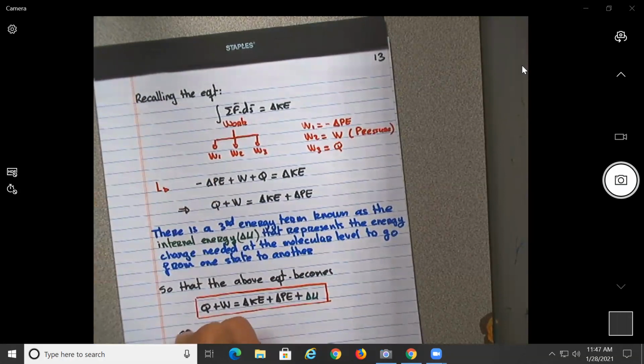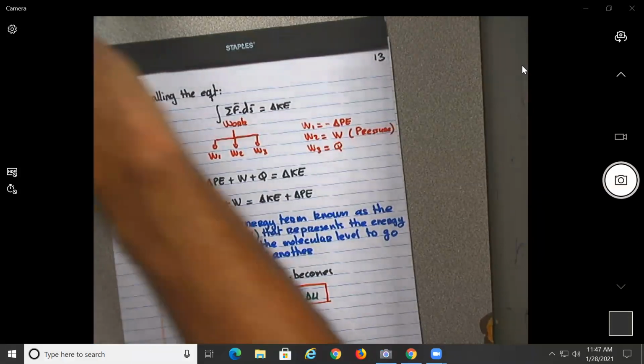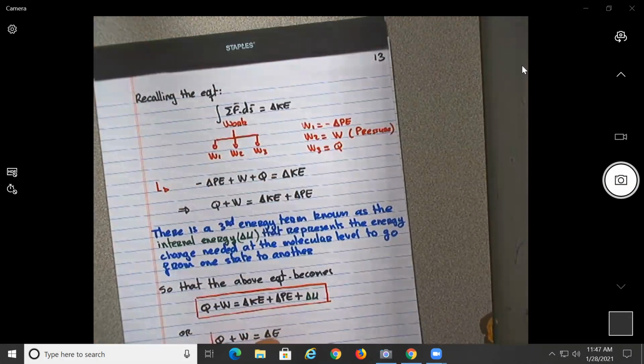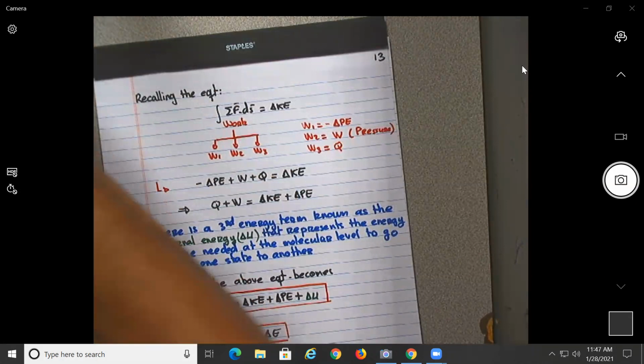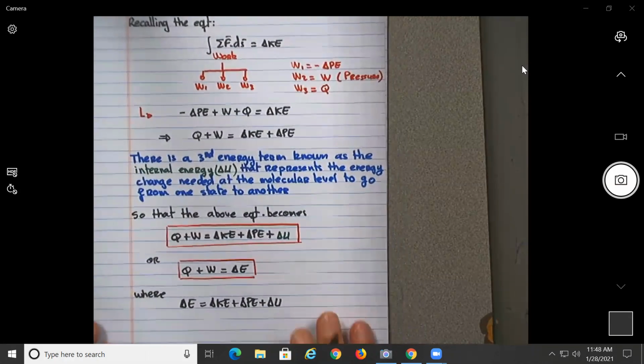Or I can write this: heat plus work equal change in energy, where the total change in energy equals the change in kinetic energy plus the change in potential energy plus the change in internal energy.